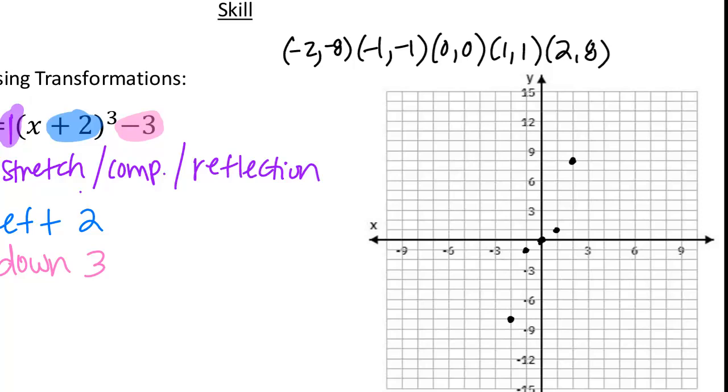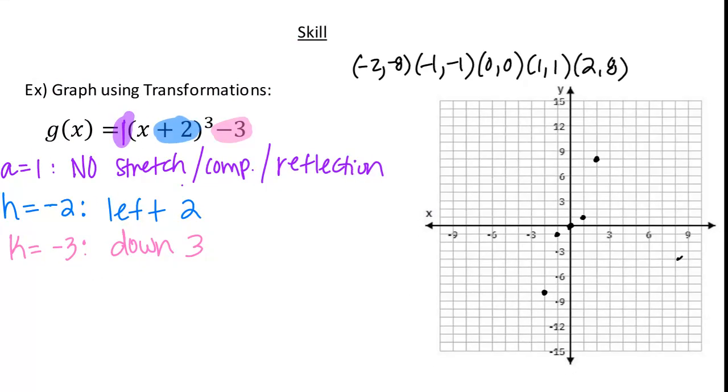Question? So, f of x will always be that same line? Yes, because we're transforming the parent function x to the third power. Sorry, I couldn't get the bottom. So remember, starting a little bit farther to the left, and then you should end up a little bit shifted to the right.